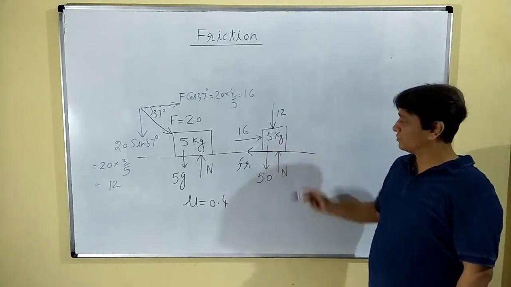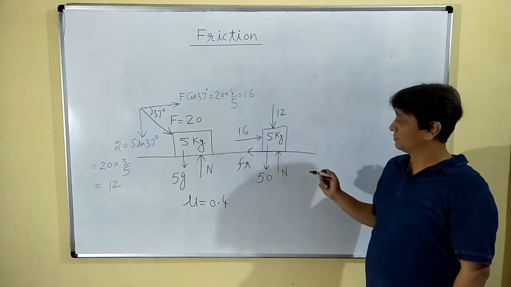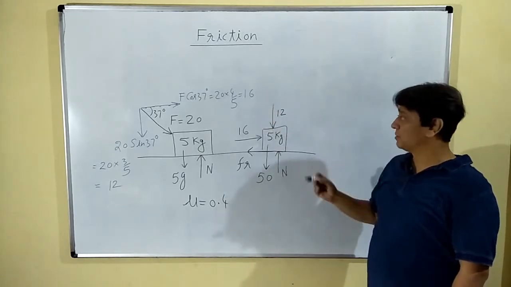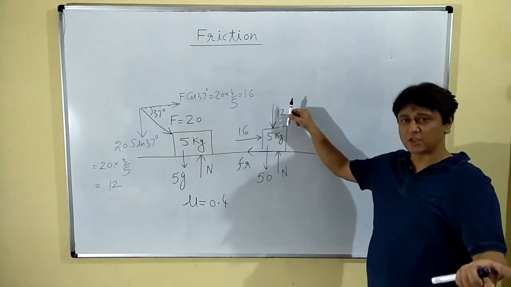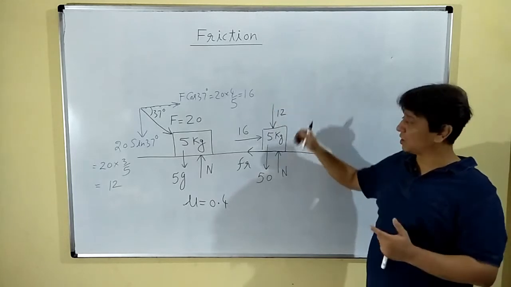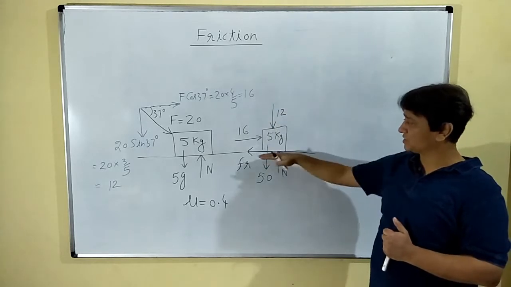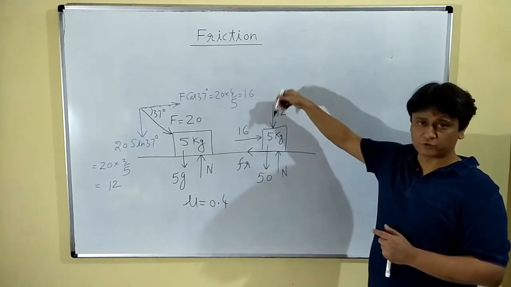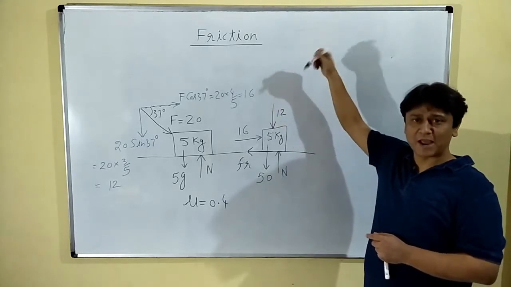Now again, there is no way it can move vertically up or down this time, because this 12 is acting down. पिछली बार ये 12 ऊपर की तरफ लगा था. चांसेस नहीं थे, फिर भी अगर फोर्स ऊपर है, अगर ज्यादा फोर्स होगा, then you can lift this body off this horizontal surface. But this time around, you are pushing it down with force of 12, 120, whatever be the magnitude.